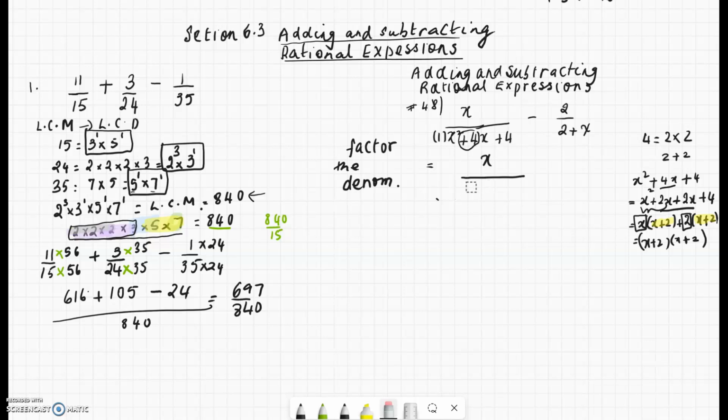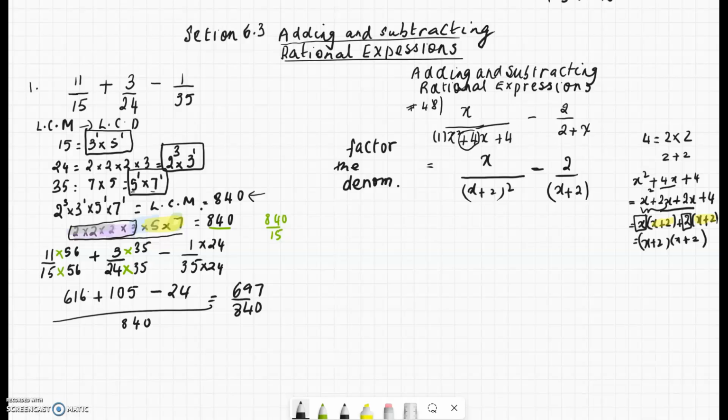So let me just write this. So that is x plus 2 the whole squared, and this is minus 2 over 2 plus x, which can also be written as x plus 2, because of the commutative property of addition, you can switch the numbers if it's addition.